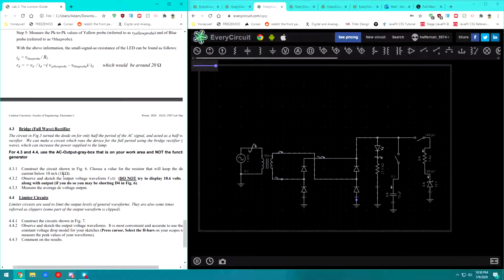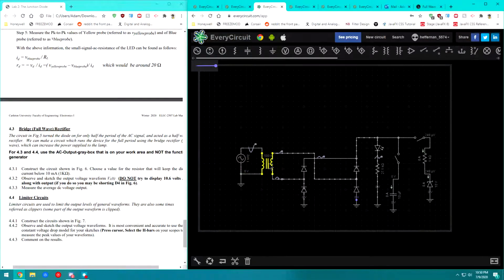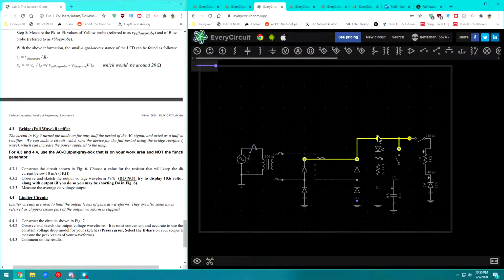So with that being said, the first component that we have here is an AC sinusoid. It's coming in at a very high amplitude, and then it's being converted down to a smaller AC wave here for the inputs on the diodes, and then that is being fed towards an LED, and this LED is in series with a load resistor.